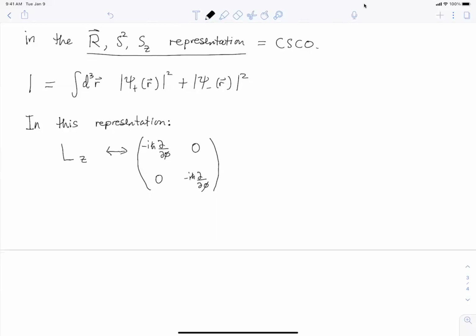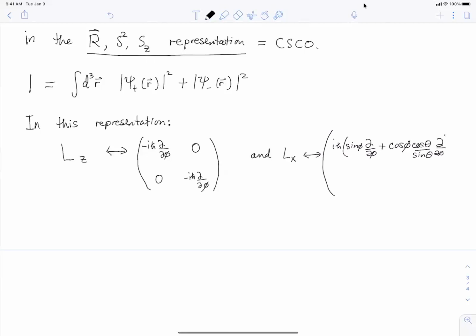This is for spin 1/2. If we had spin 3/2, then this would be a 4-component thing, and this would be a 4x4 matrix, but the L_z operator would just have the same thing repeated everywhere on the diagonal. Then, for example, L sub x, if you look up somewhere in the notes how that's represented, it's something like i h bar sine phi d by d theta plus cosine phi, I think it's cosine theta over sine theta, d by d phi.